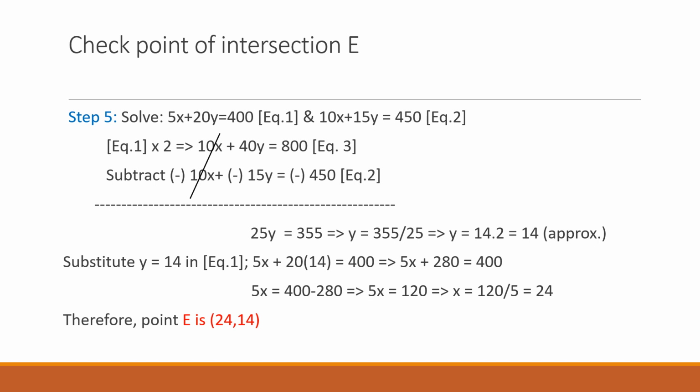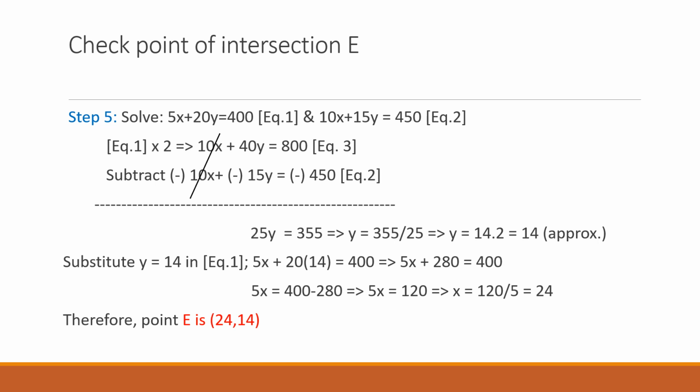We just solve the two equations 5x + 20y = 400 and 10x + 15y = 450. This is the usual elimination method. Equation 1 is multiplied by 2. So 5 into 2 is 10x, 20 into 2 is 40y, and 400 into 2 is 800. So we get a new equation 3.